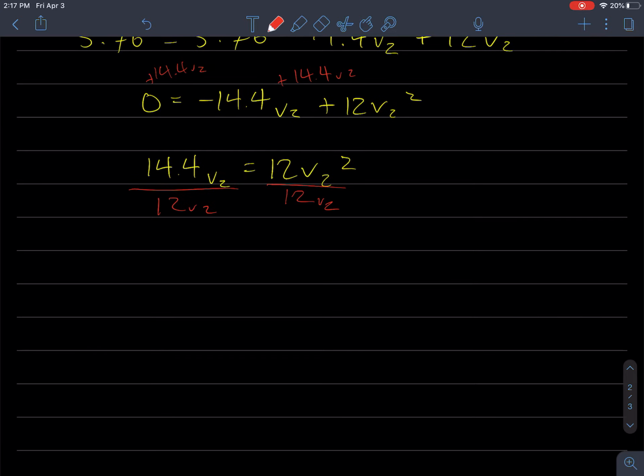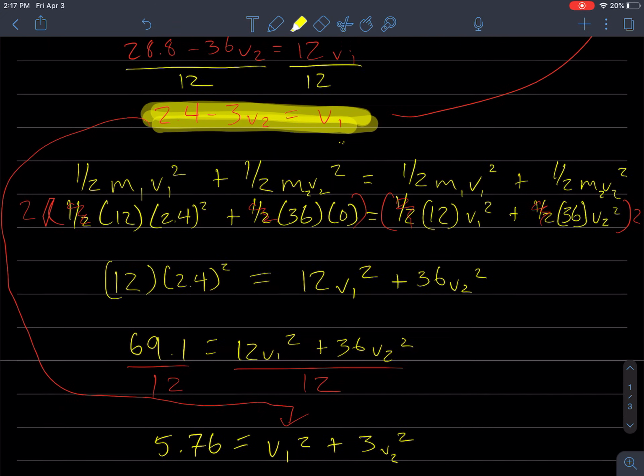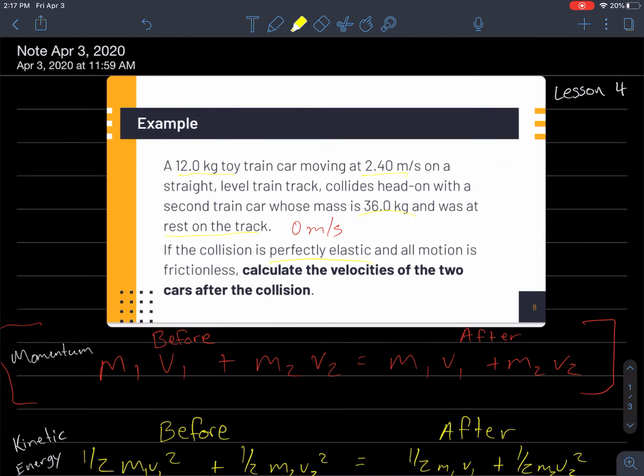All right, so then we end up with 14.4 v2 divided by 12 v2 equals 1.2 equals v2. All right. Whew. That was a lot of work. So now we have the velocity of our second object after the collision.